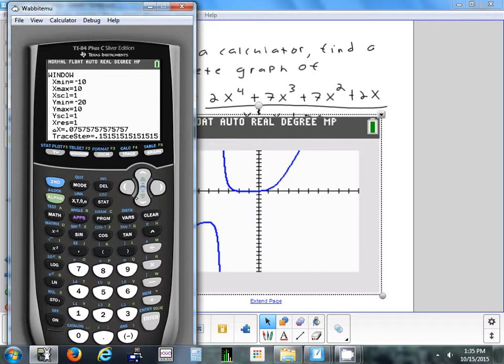It actually goes below. Like a little bit. All right, so it kind of looks like it comes down a little. It's still kind of hard to see. Let's go negative 0.1 to 0.1.